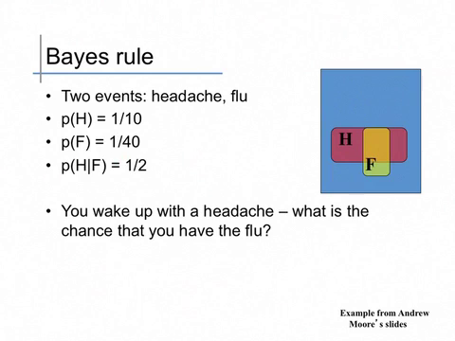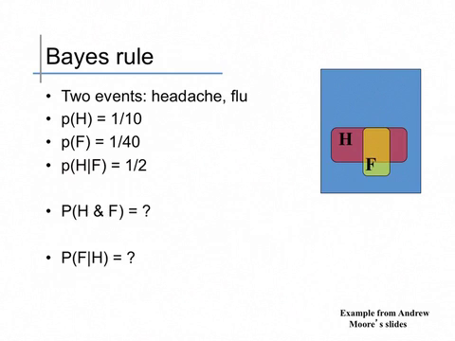What we're really interested in is computing the inverse probability. So given that I observe a syndrome, like I have a headache, what's the probability of my underlying cause, that I have the flu? We can calculate this in 2 steps. First, we'll calculate the probability of having both a headache and the flu, and then we'll use that to calculate the probability of having the flu, given that we observe that I have a headache.